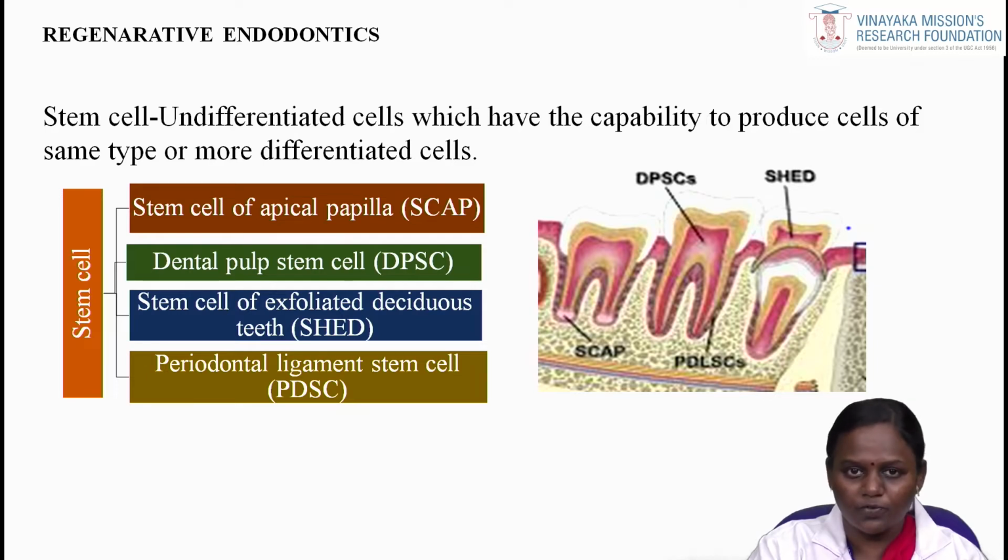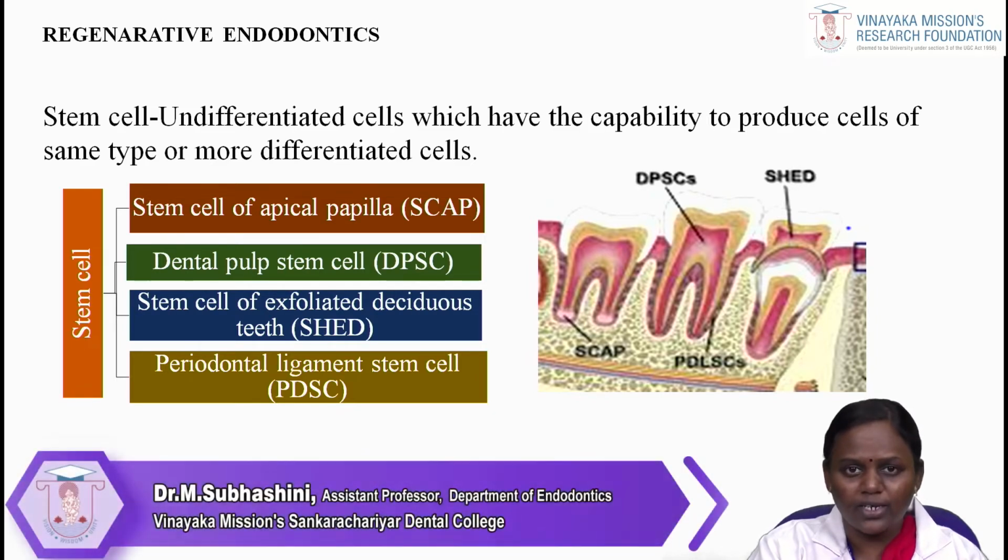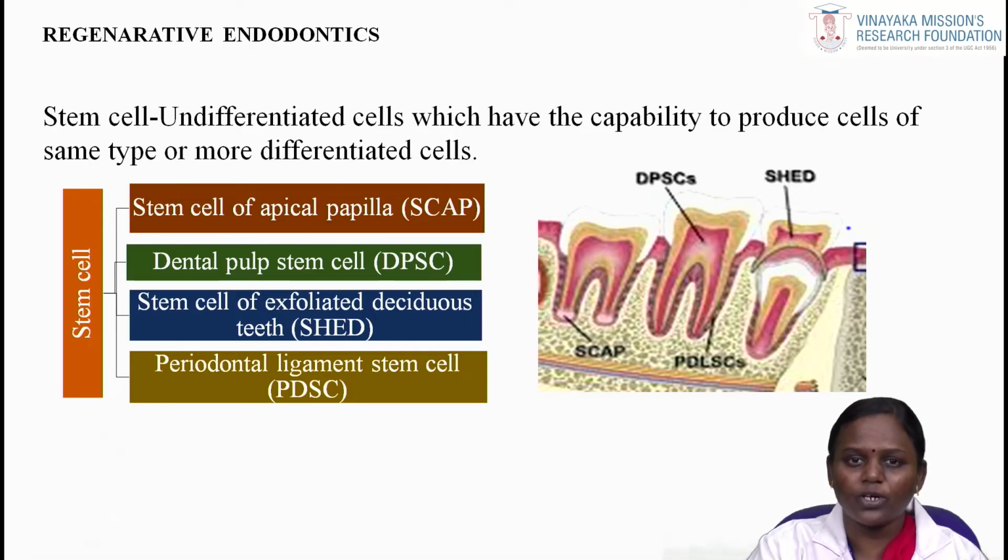All these are the types of stem cells in the oral cavity. Out of all these stem cells, the stem cells of apical papilla have shown a greater improvement and survival rate when a regenerative endodontic procedure is performed. It is able to differentiate much better and it has a higher survival rate for the treatment success.